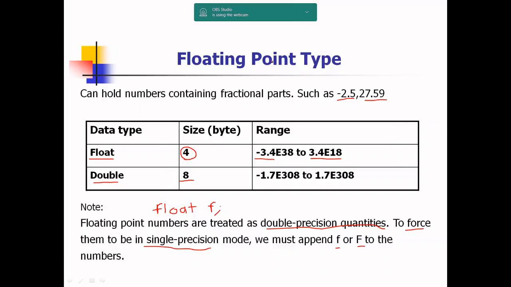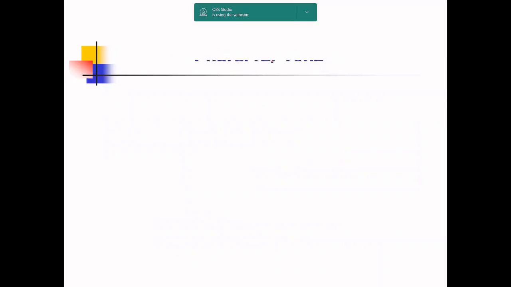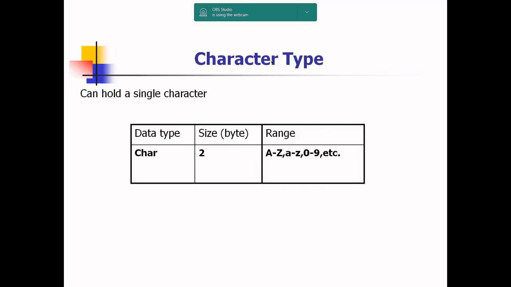The next type is character type. As the name suggests, character type can be used to store a single character. The character type in Java, unlike C, takes 2 bytes.